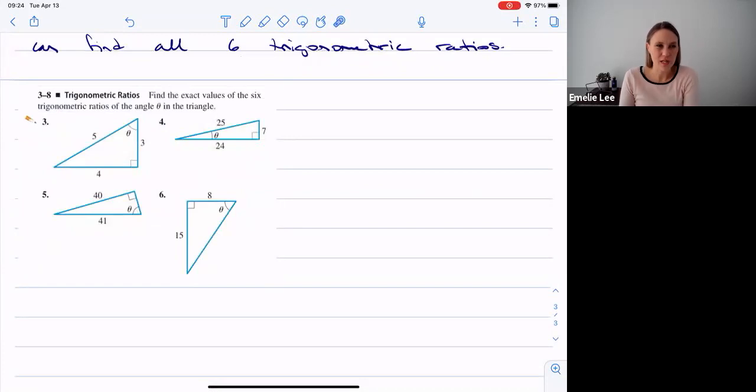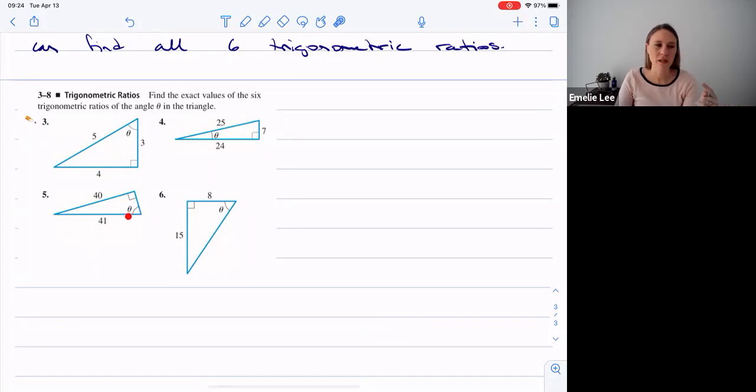This question says, find the exact values, so no rounding here, of the 6 trigonometric ratios of the angle theta in the triangle. Let's have a look. In 4, we know the length of all 3 sides, and the angle we're interested in is this one, theta, so we can find all the trig ratios.